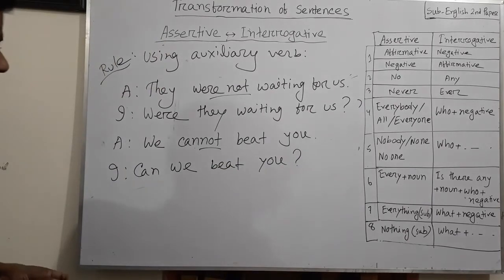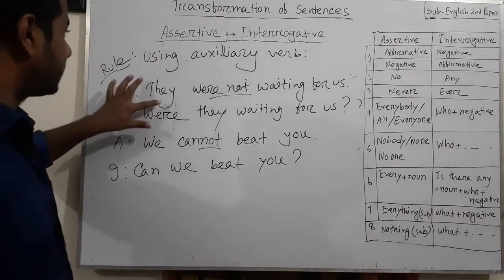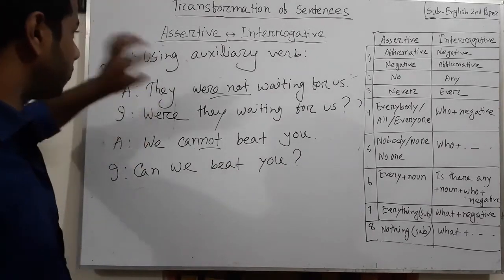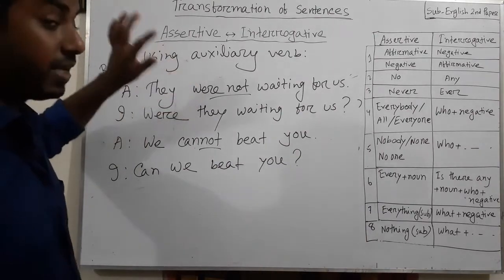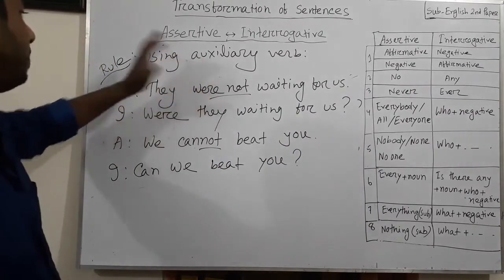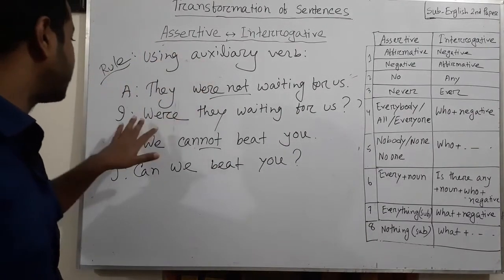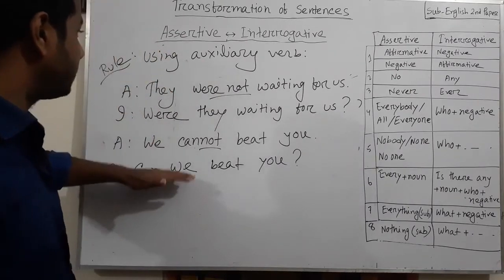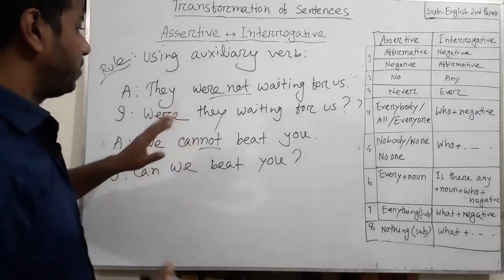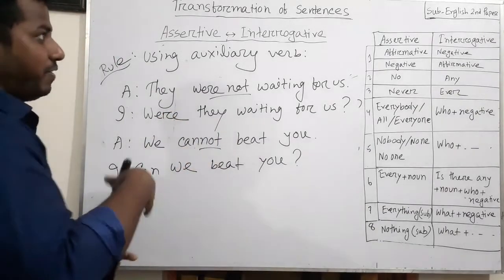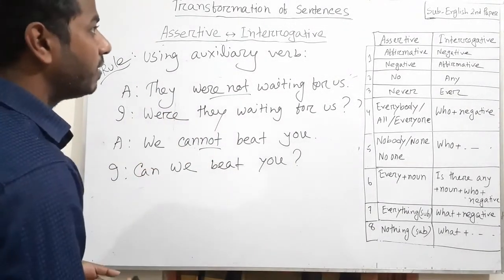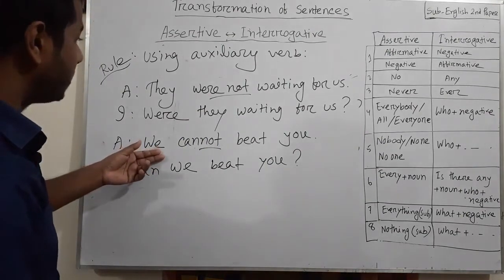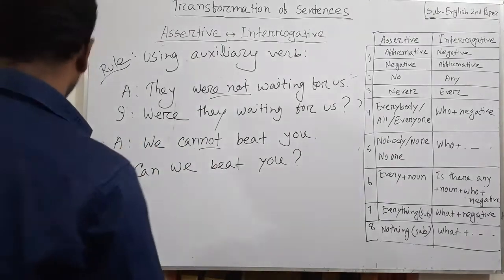Interrogative mark. Okay, so what we have seen, if in assertive sentence there is auxiliary verb, the auxiliary verb will be before the subject in interrogative sentence, and if the assertive sentence is in affirmative form, the interrogative sentence will be negative form, and if the assertive sentence is in negative form, the interrogative sentence will be affirmative form.